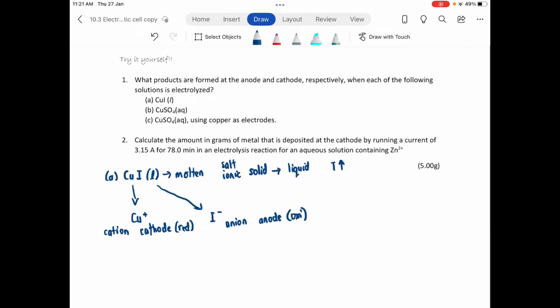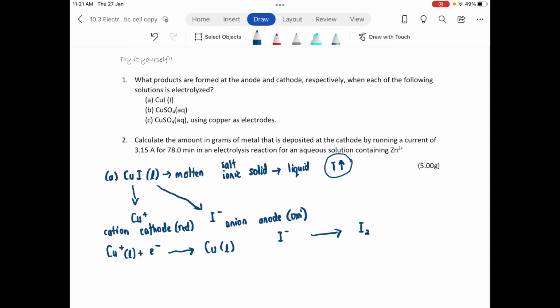Okay, so for our copper plus, since it will undergo reduction, it will receive electron to become copper liquid, sorry. Copper plus ni pun ialah copper liquid lah. So dia liquid kerana high temperature tadi. Berlaku dekat temperature yang tinggi kan. So kita punya copper plus pun dalam bentuk liquid, kita punya copper yang kita dapat tu pun dalam bentuk liquid juga. Okay. So for I minus will undergo oxidation, which means that it will donate its electron and become iodine molecule.